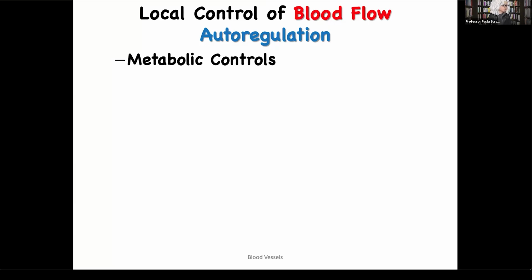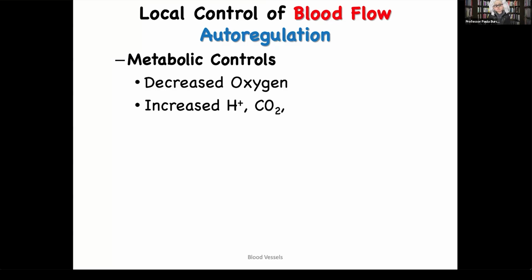The uptake of oxygen by the tissue cells will decrease oxygen levels in the local environment surrounding the precapillary sphincters. In addition, waste products such as carbon dioxide and metabolic acids will accumulate around the sphincters, dropping the pH.